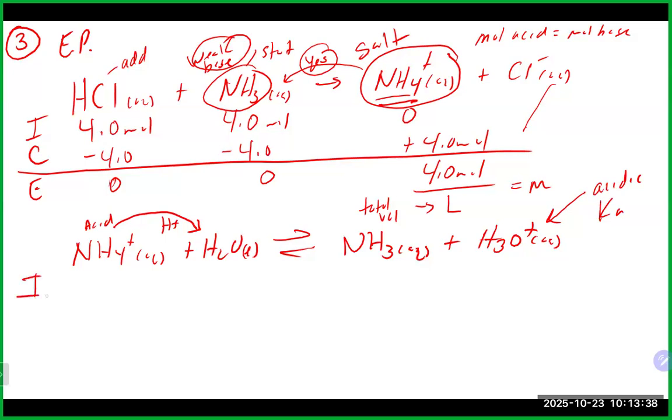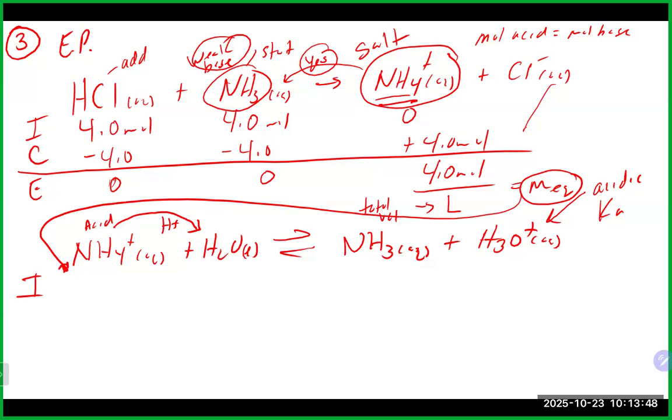And obviously here, we're going to take our equilibrium value that we got, and that's going to be our starting amount here. So we'll take from our first table the molarity.